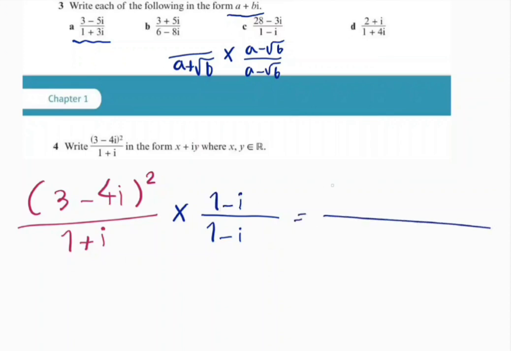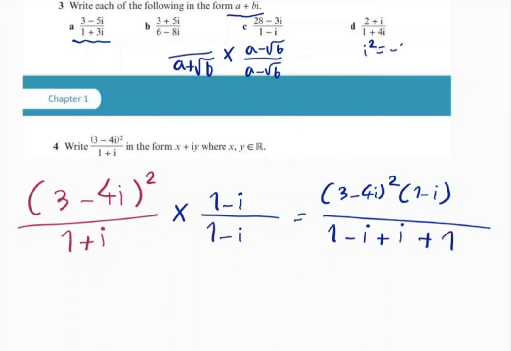Then we get 3 minus 4i squared times 1 minus i. In the denominator, we have 1 minus i minus i squared, and minus i squared is 1. Again, just to remind you, i squared is minus 1, but minus i squared is 1.